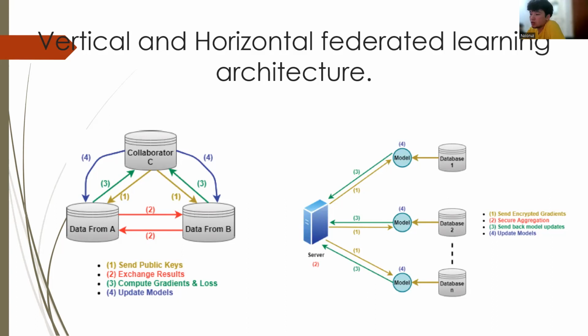Then we need to calculate the training loss so we can form a model that contains data from both entities collaboratively. Also under vertical federated learning, each entity has the same identity and status.